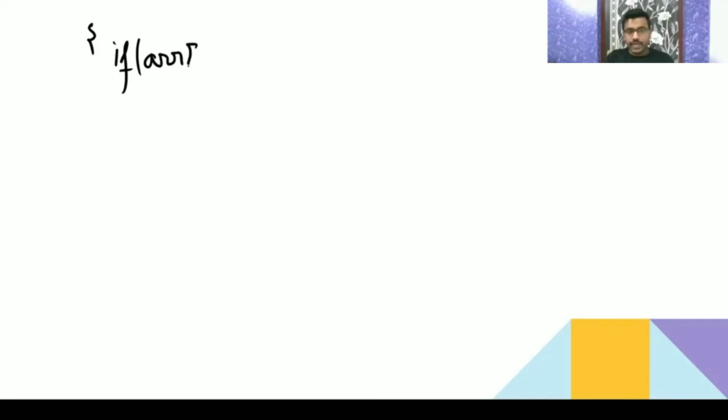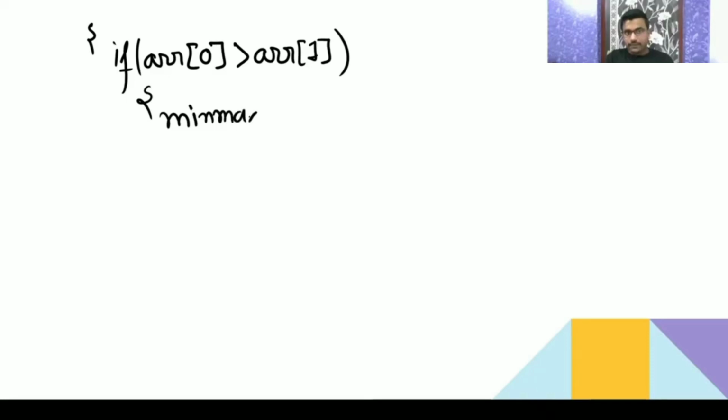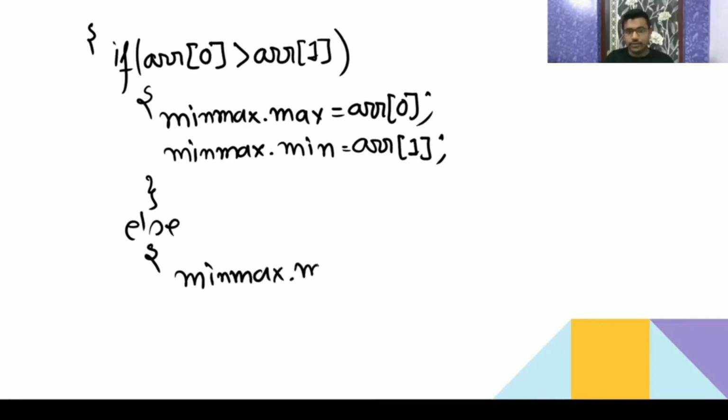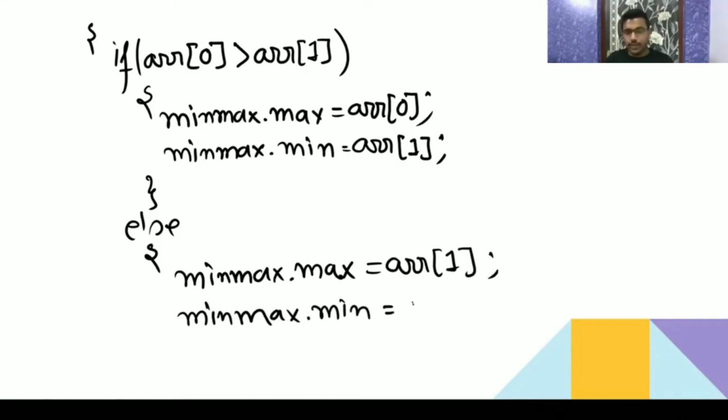So if array of 0 is greater than array of 1, then that variable max is going to be array of 0, and min is going to be array of 1. Else, max is going to be array of 1, because if it is not greater, then this is the greater one, and min is going to be array of 0.